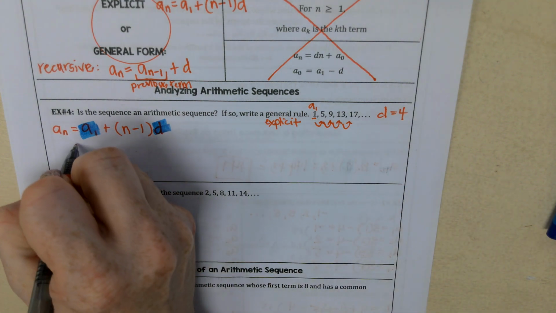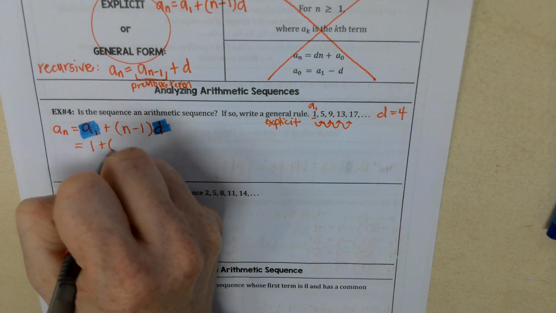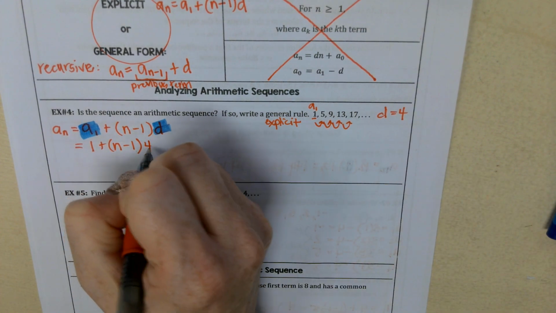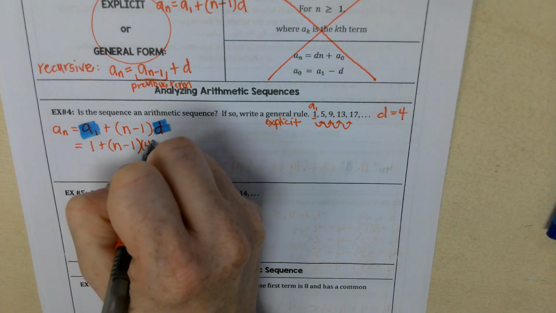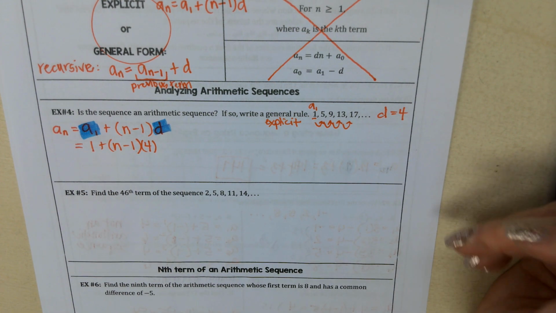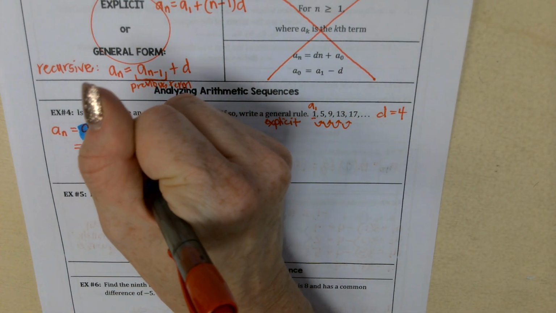Okay? So my A1 here was 1. We'll leave the n minus 1 just like it is. And my common difference is 4. I'm going to put parentheses around that because that right there is still being multiplied. So we have to simplify.